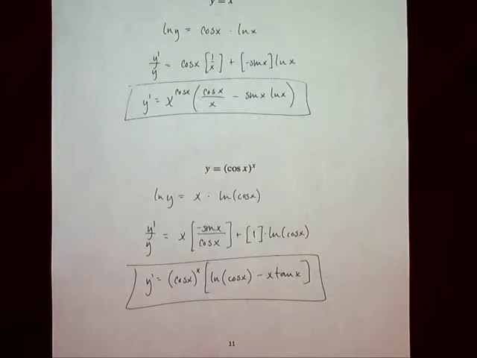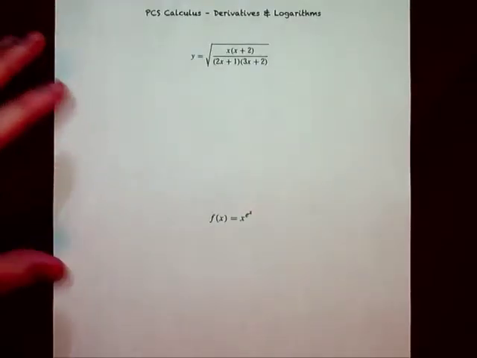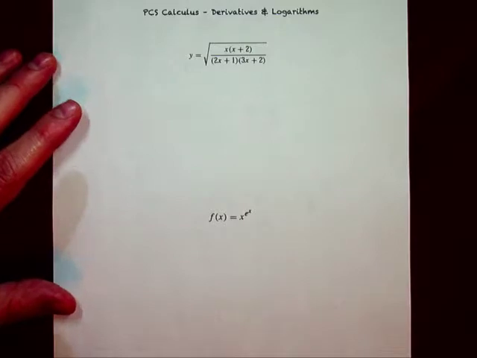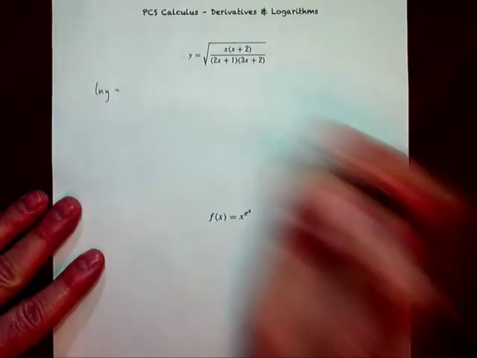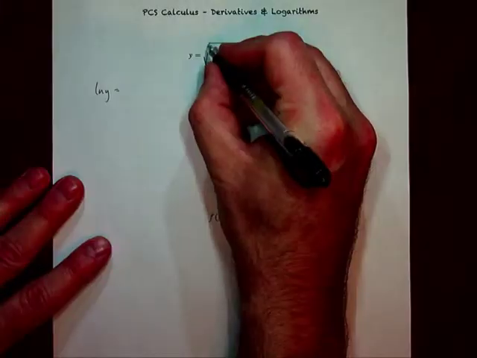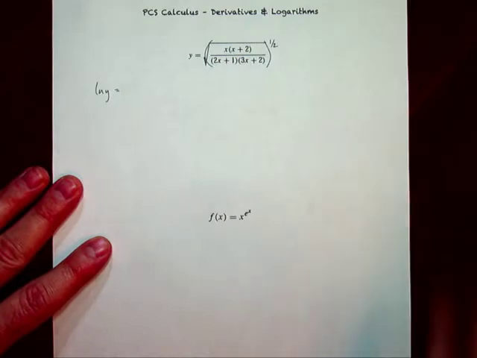We're going to be doing one problem where it's probably advantageous to use logarithmic differentiation, and then the other one is going to be necessary. So if we introduce natural log here, of course, this whole thing is to the 1/2 instead of the radical.